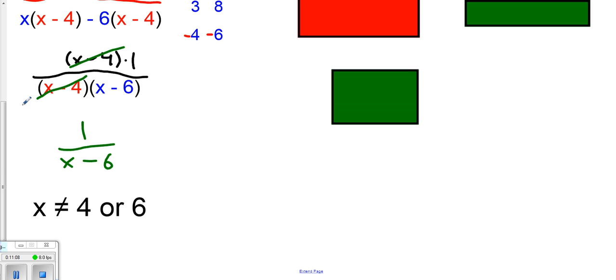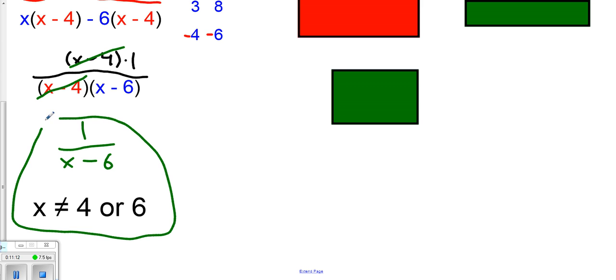Now, our simplified version is 1 over x minus 6. Our excluded values: x cannot be 4 or 6. Even though the simplified one looks like 6 is the only thing it can't be, we have to remember that x also cannot be 4. So that would be the simplified form and the excluded values.